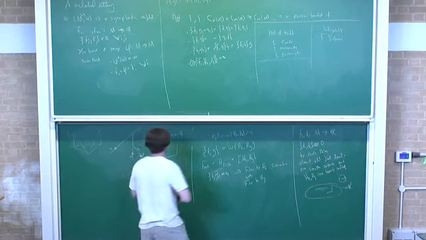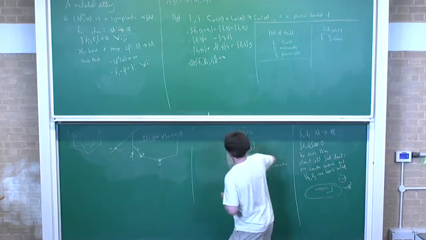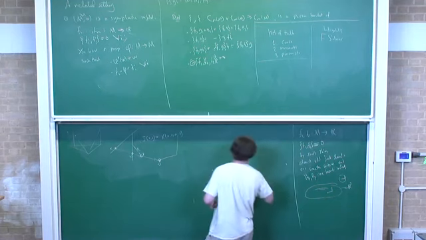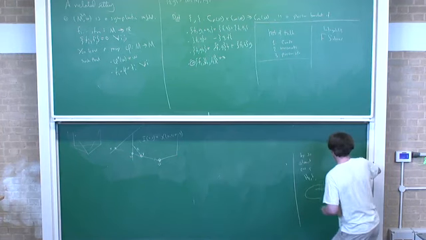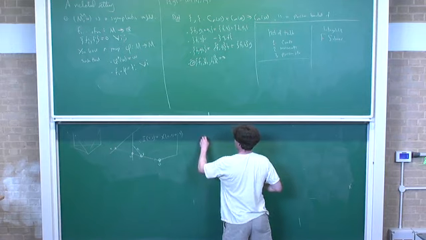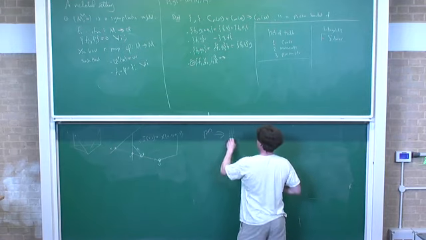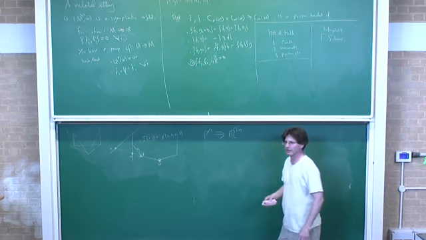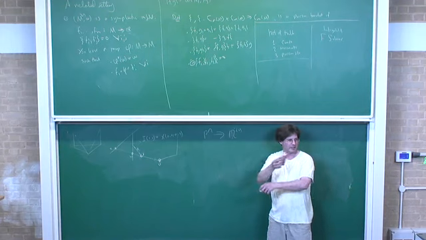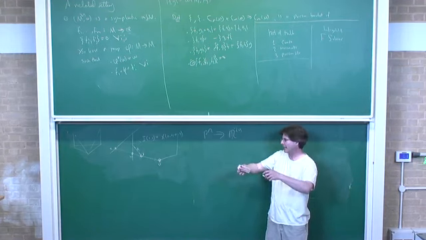So this gives me a map from P_n into R^{2n}. And conversely, if you have a point in R^{2n}, you can start building the polygon. But when you get back, it might not close up.